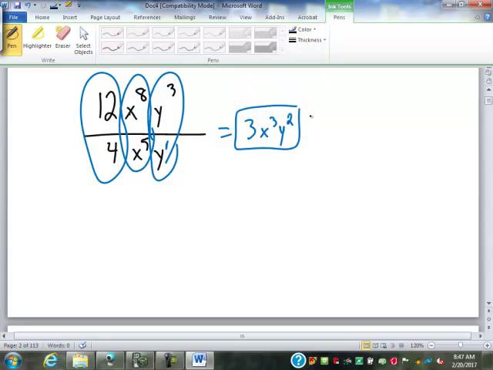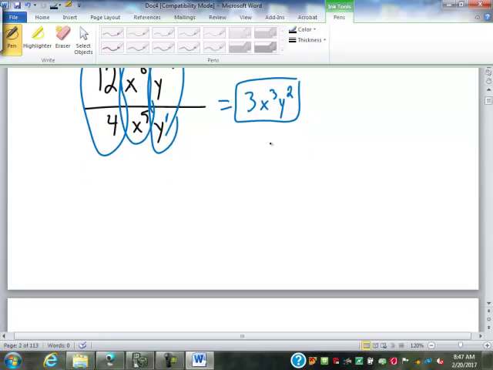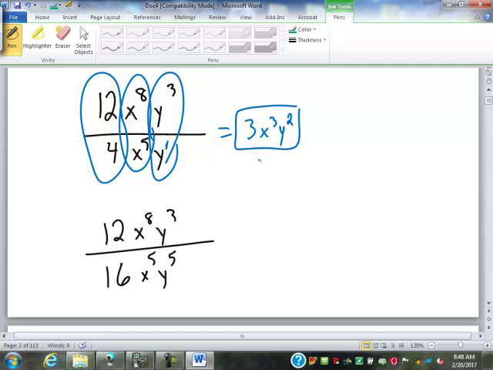But what if it doesn't divide out nice and neatly like that? What if it looks more like this? Now here, we would have been asked to divide.